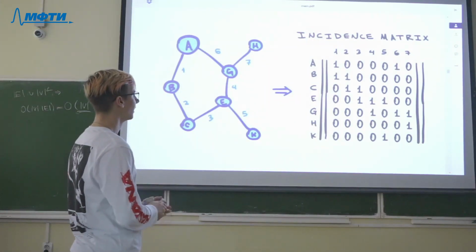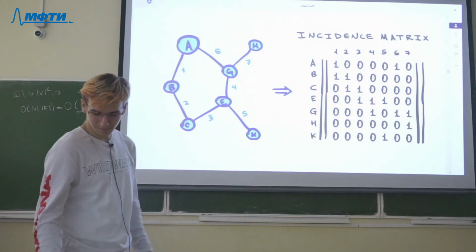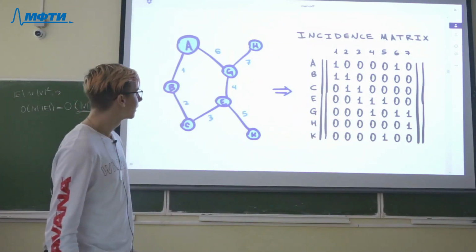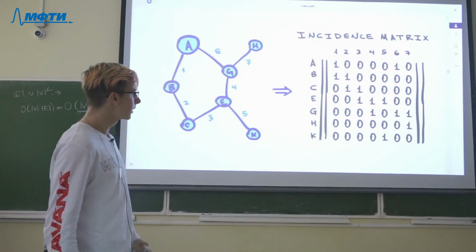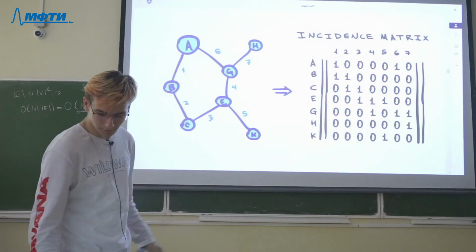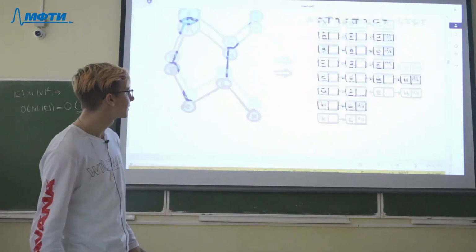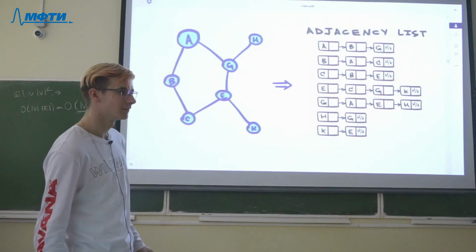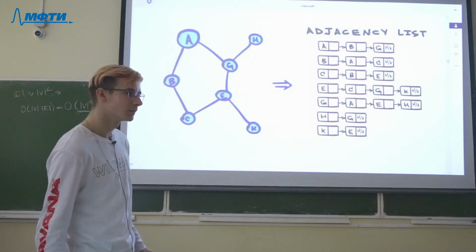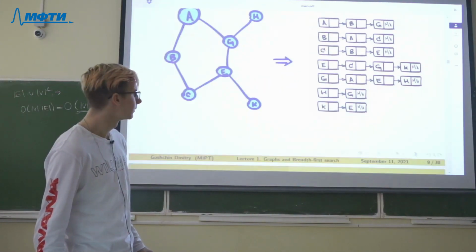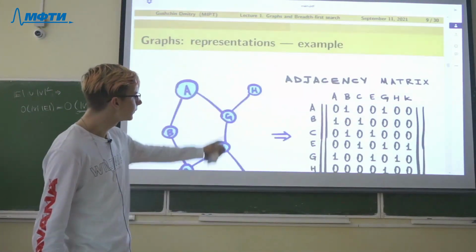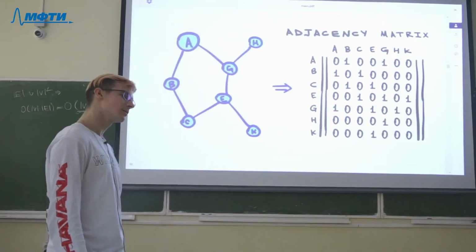Okay. And what is the case when this matrix is better than this matrix and is better than this list? If we are talking about weights, if we are making use of weights. I think weights, we can use adjacency matrix too.